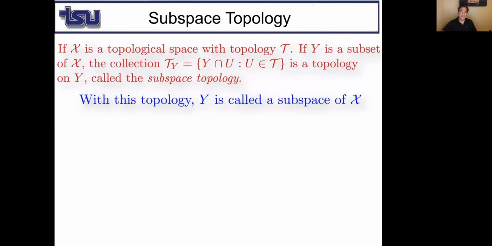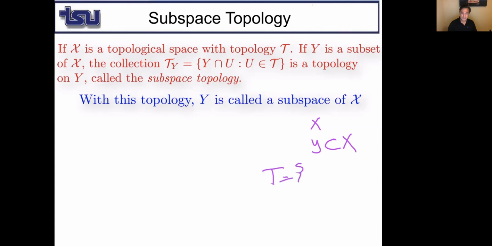So now let's be careful here. If X is a topological space with topology T, and if Y is a subset of X, so now we have X and Y is a subset of X, then think about this.